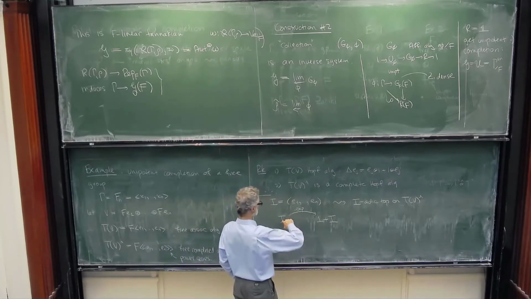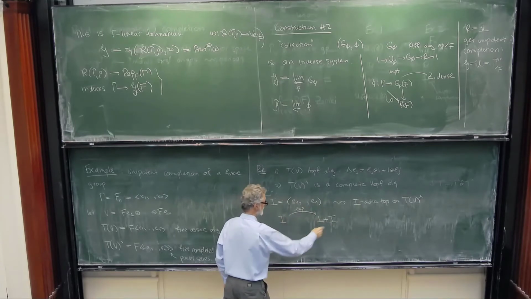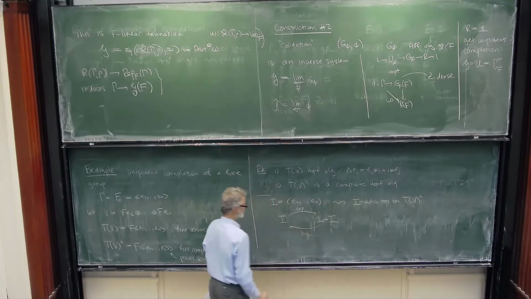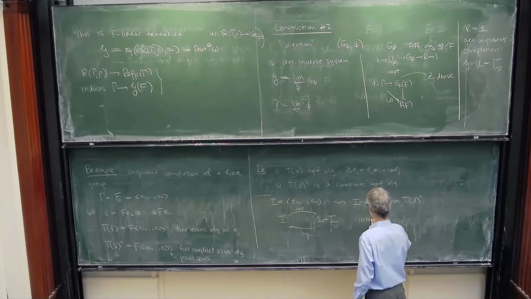And you can exponentiate any element that has no constant term, and you'll get something in here, and you can take the usual series for log and get an inverse, and these are inverse bijections.